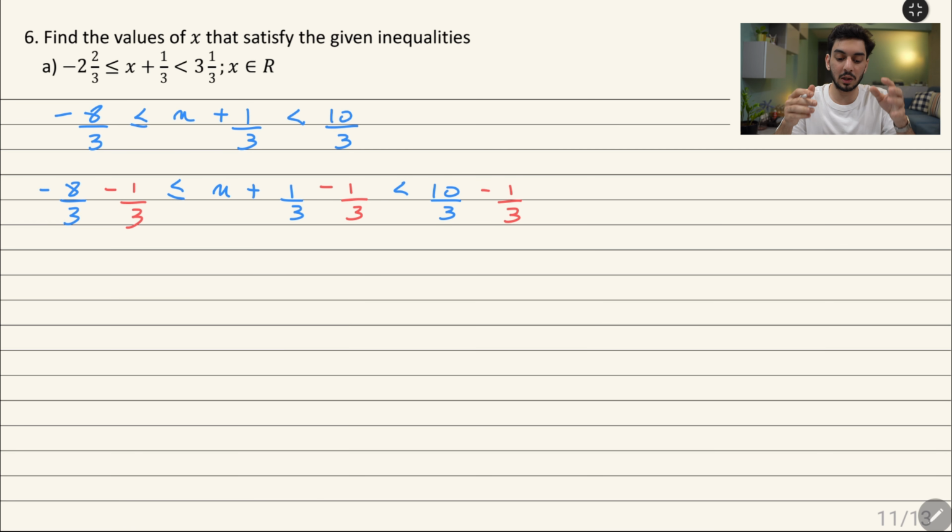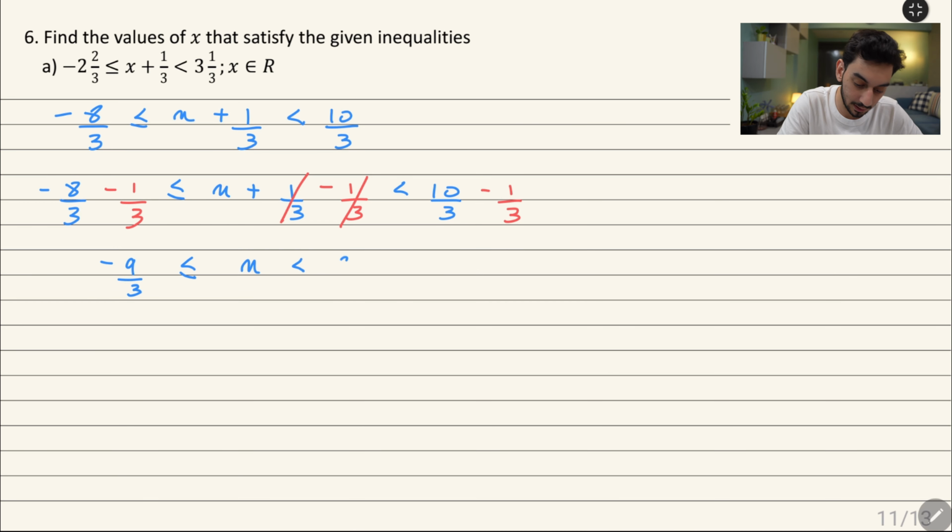So if you see over here, I've subtracted 1 over 3 from every single thing, so I haven't done anything wrong. In the middle one, the 1 over 3 and the negative 1 over 3 just go away. To the left side, negative 8 minus 1 is negative 9 over 3, less than or equal to, in the middle, I just have an x and I'm really happy about that.